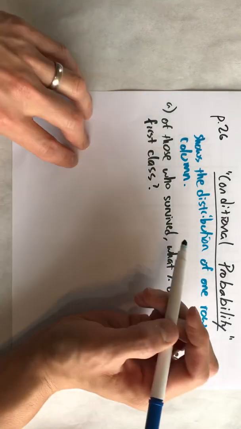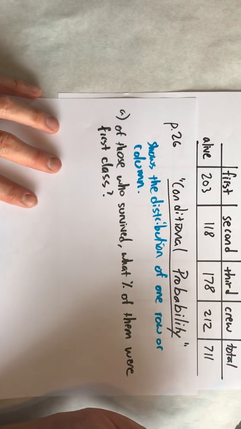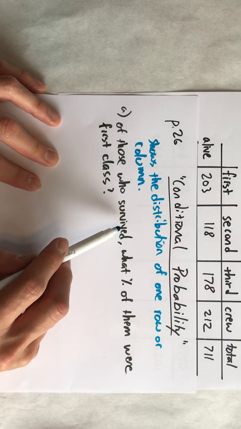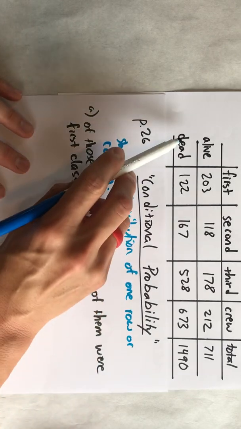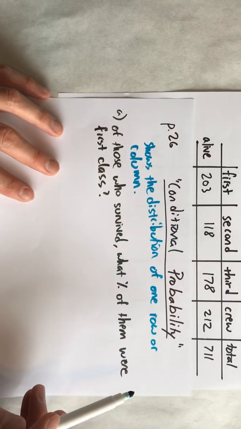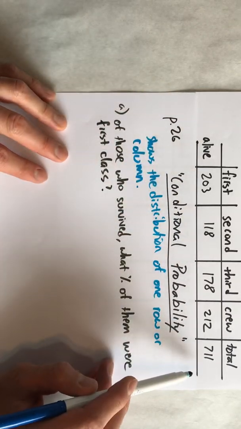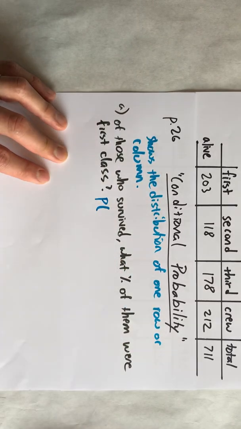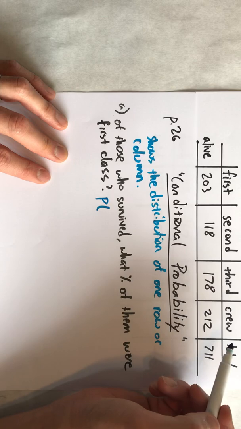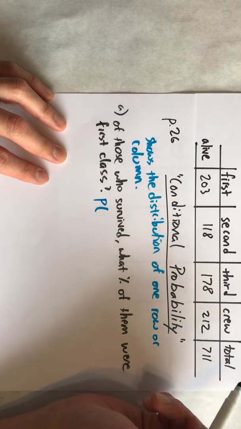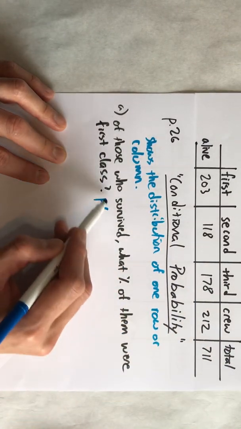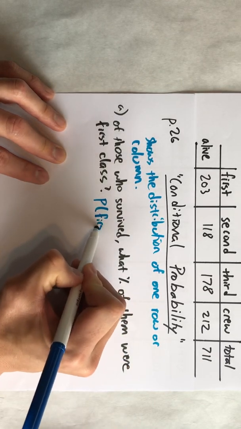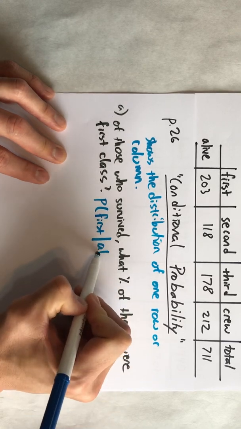So for this one, looking back at my data, okay, so when you see this statement here, of those who survived, now, we don't care about those who died. Okay, we're not taking into consideration this column right here. So I'm going to cover that up. Just look at the live. So how many total survived? So the probability, and this is going to come up more in chapter 14, I believe, but I'm just going to show it to you anyways. The way we write this in proper probability notation would be first given that you were alive.